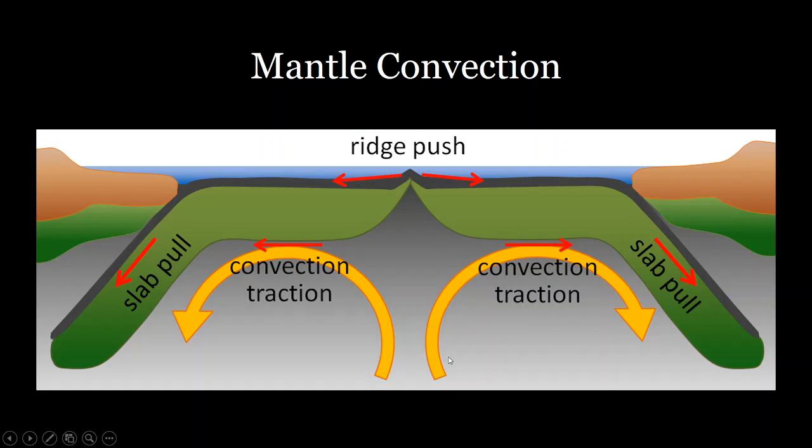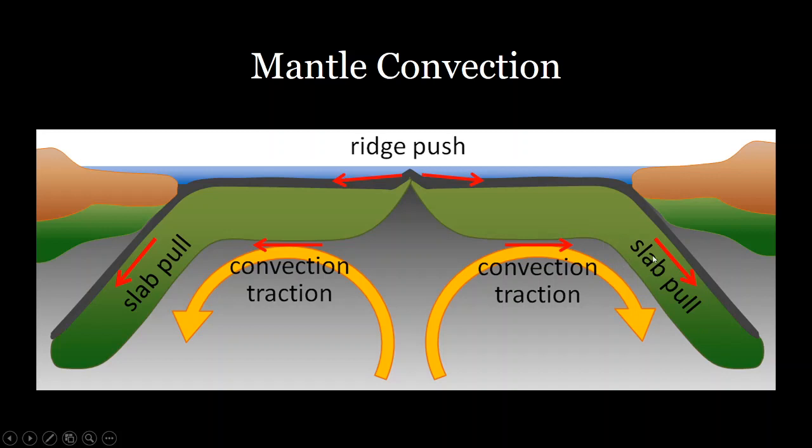So the moving mantle material comes up and it pushes up on mid-ocean ridges, and it pushes them apart, but also it drags against the other side of the plate and it pulls them down through a process called slab pull.